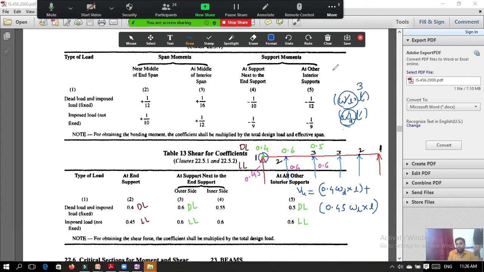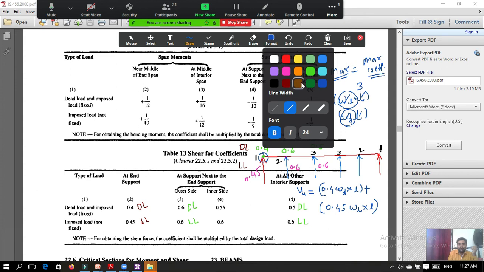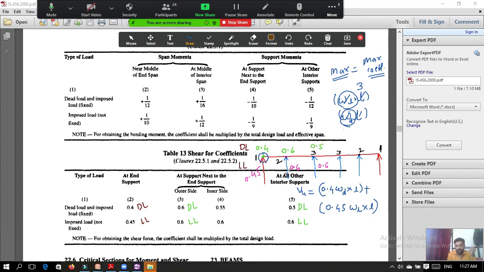Now if we want to calculate the maximum shear force, then we will see the maximum coefficient. To calculate the maximum shear force we should search for the maximum coefficient. Now search over here at which point you are getting the maximum coefficient. Now if you observe, at this second point, at this juncture, you are getting the maximum coefficient.